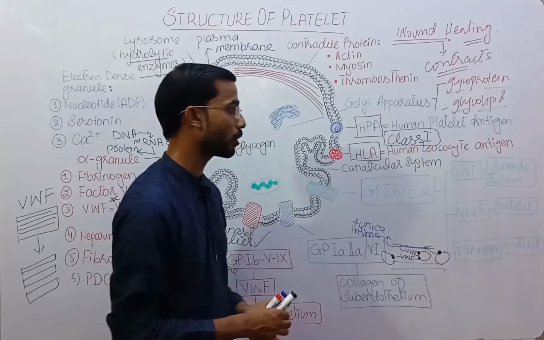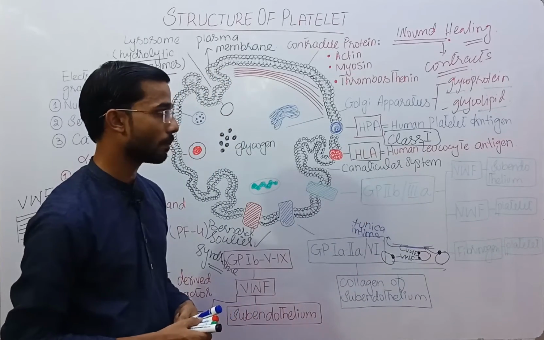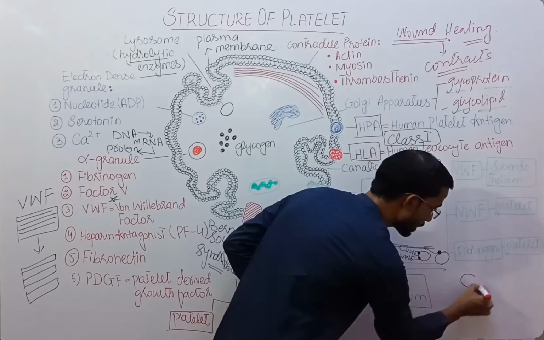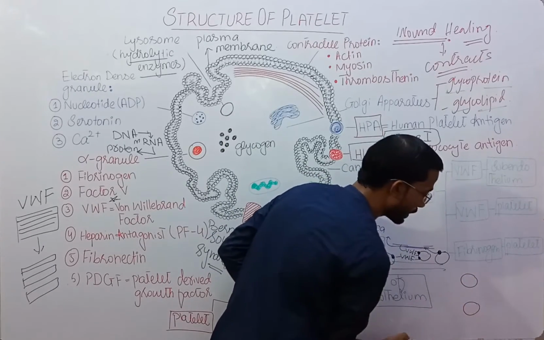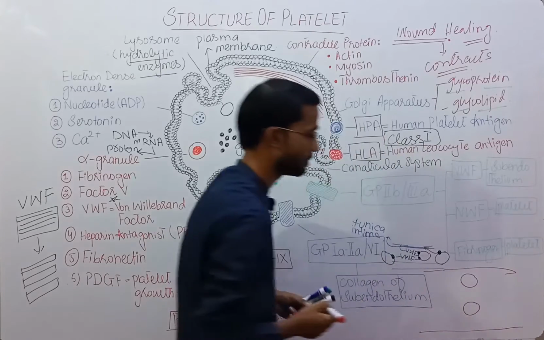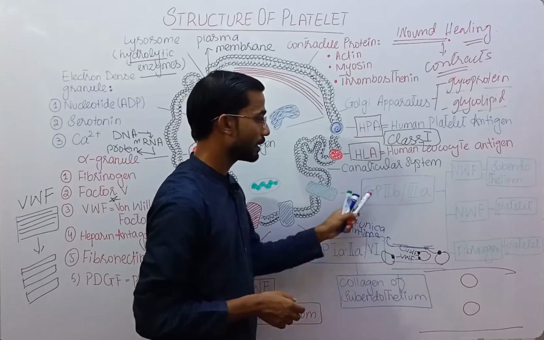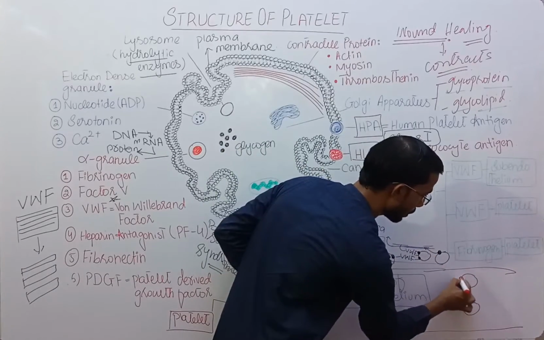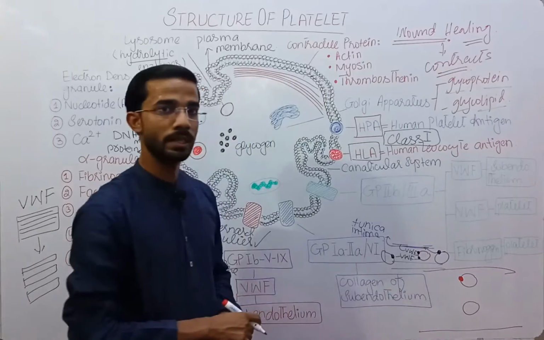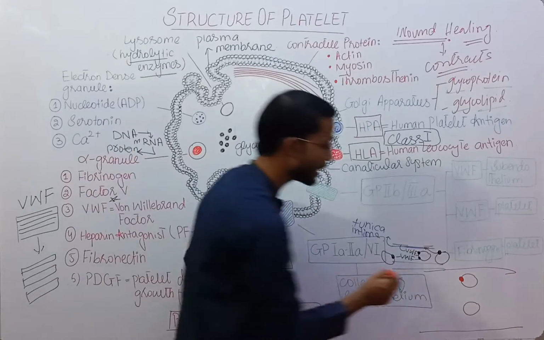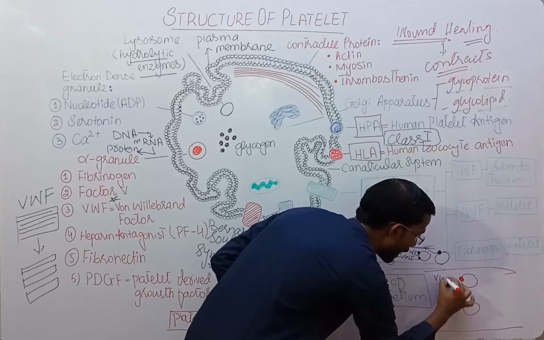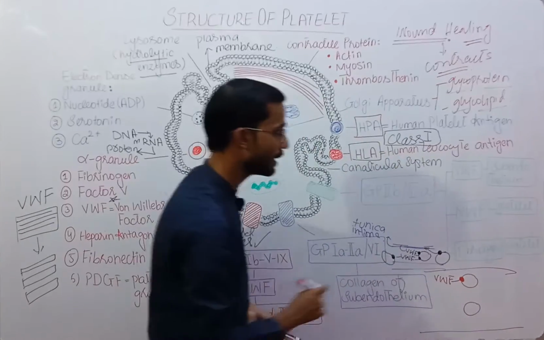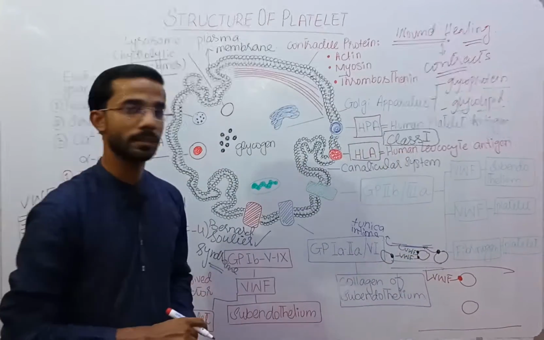And the third one is the glycoprotein 2B and 3A complex. There is a further chance that this is a platelet, and this is the blood vessel, right? The glycoprotein 2B and 3A complex is present on the platelet. This attaches to the von Willebrand factor, and then it attaches to the subendothelium.